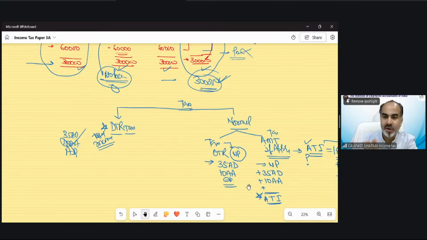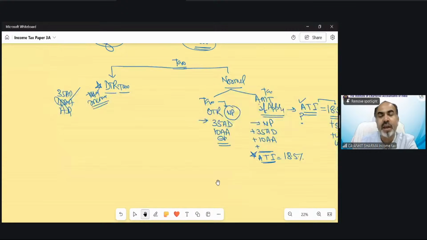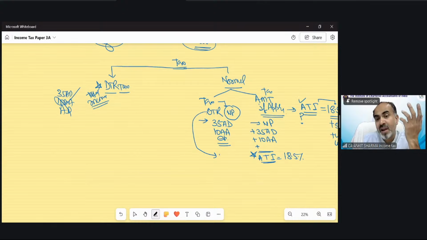We need to remove the benefit, and on this ATI, the 18.5% tax with surcharge and cess needs to be calculated. Then the tax on the optional tax regime, which may be nil or very low because of the benefit of section 35AD, 10AA.